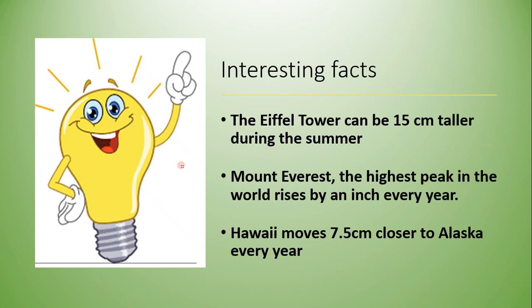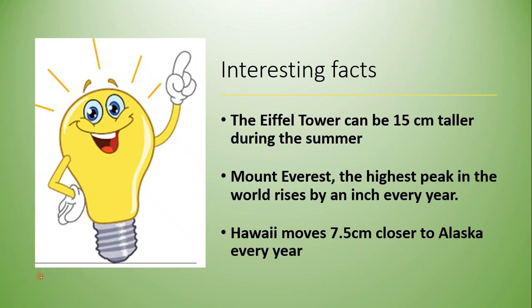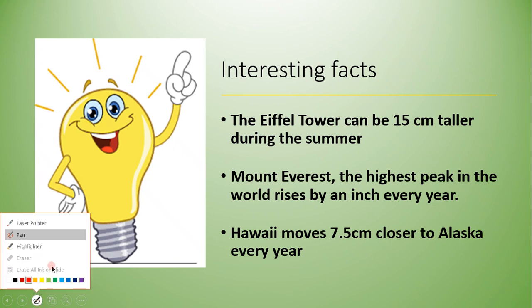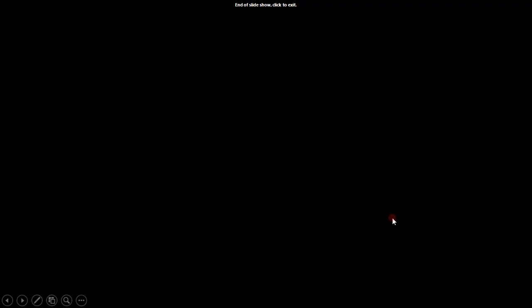Oh no, Mount Everest is rising inch by inch, even though it's the highest peak. Hawaii is a small island, and they say it is moving toward Alaska. Every year they are telling. Okay, I remember. Okay, next page.